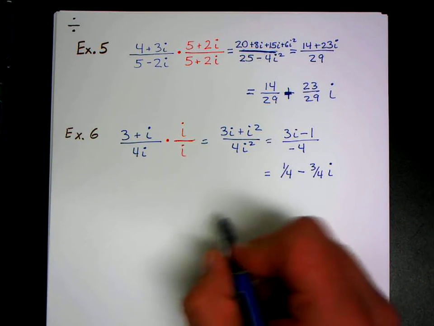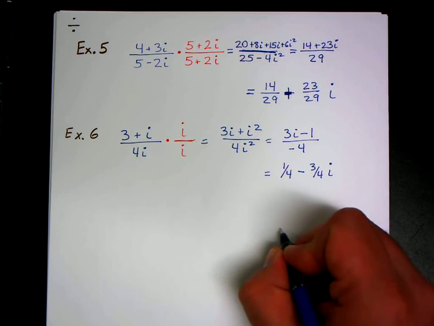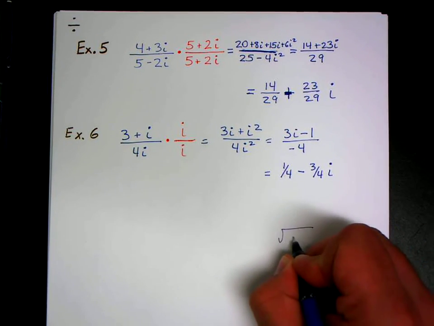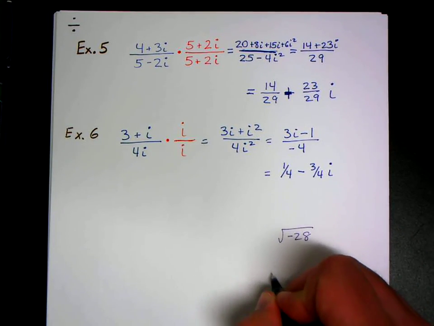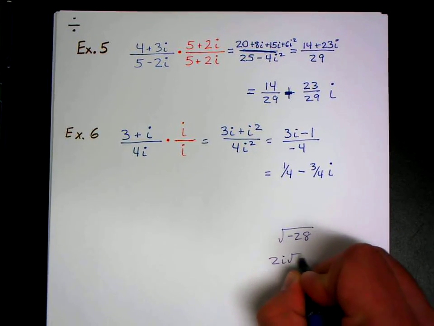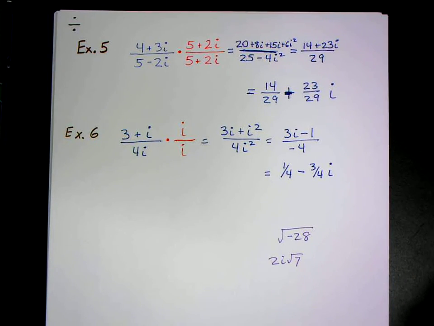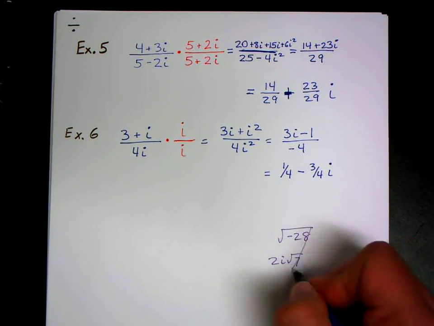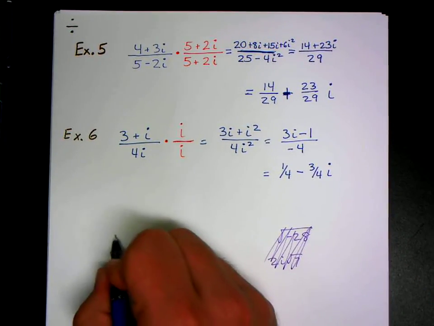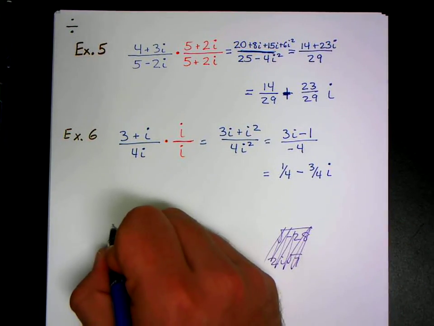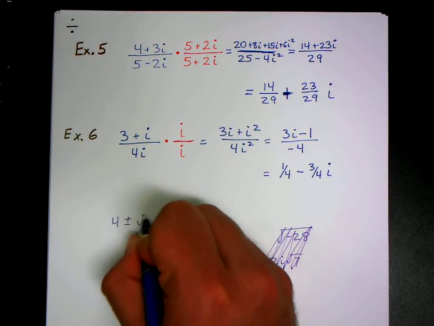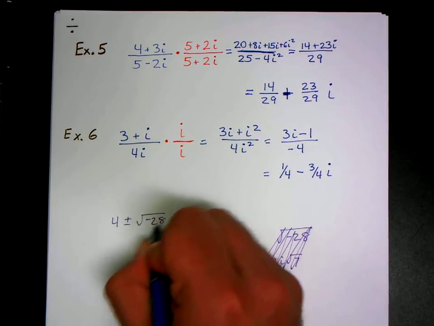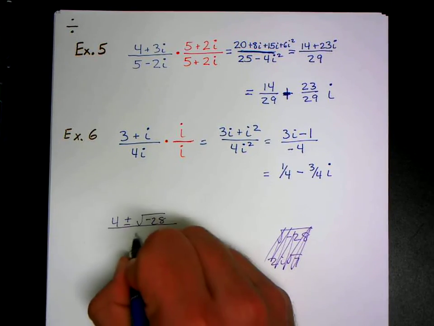Whenever you're doing quadratic formula, you might end up with something like square root of negative 28. So you'll simplify that down to 2i square root of 7. So let's say I was doing quadratic formula and I end up with something like 4 plus or minus square root of negative 28 over 2.